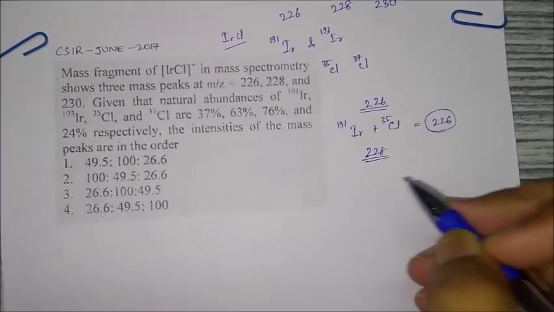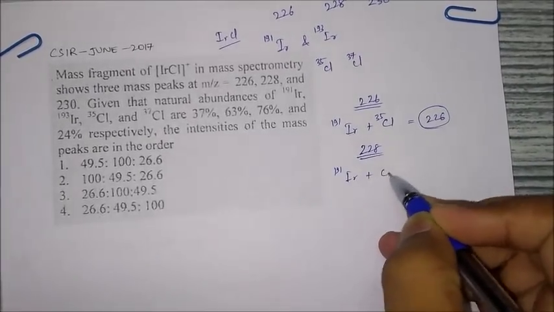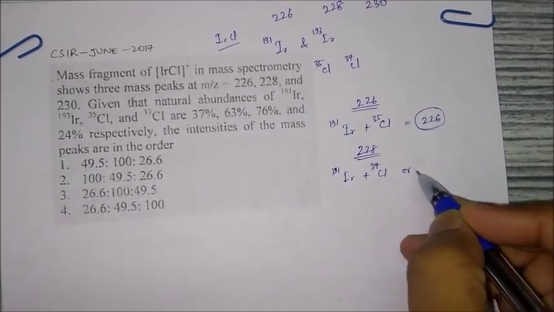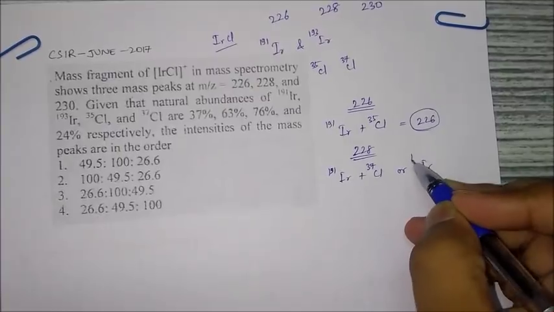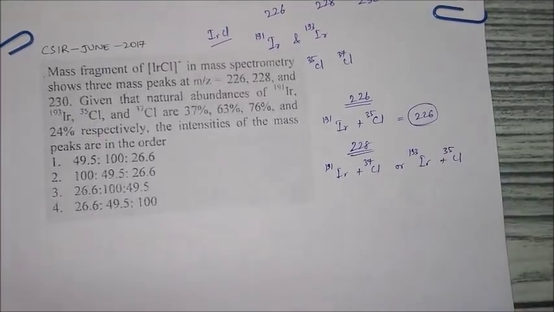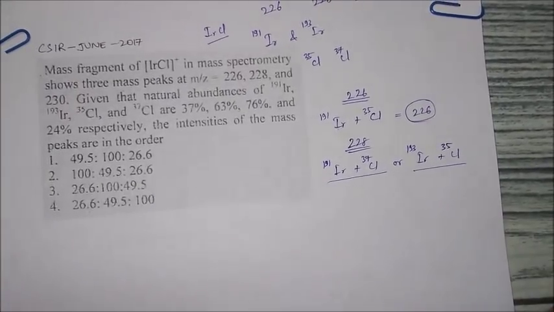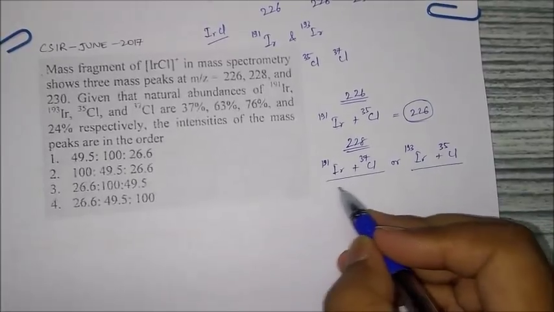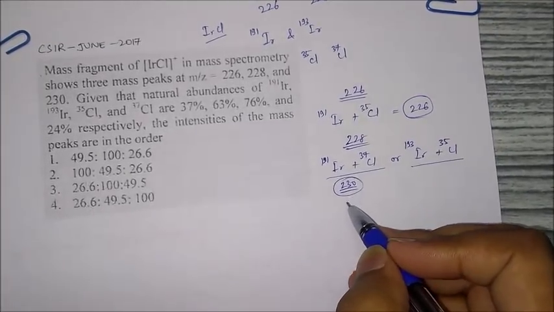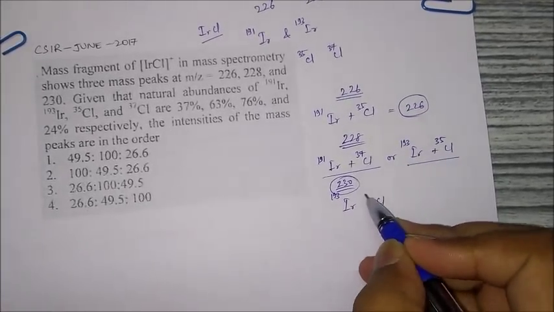For 228, you can either take Ir 191 and Cl 37, then you will get 228, or you can take Ir 193 and Cl 35, then also you will get 228. So to get 228, you have two options. Now the next one is 230. In order to get 230 as m by z, you have only one option, that is Ir 193 and Cl 37.